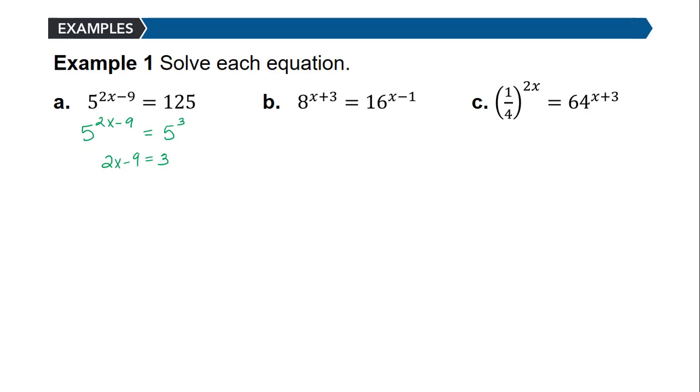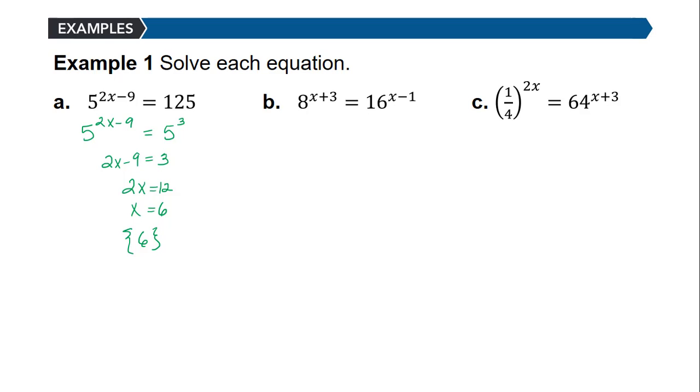If their exponents are the same. Then we can add 9 to each side to get 2x equals 12 and divide by 2 to get x is equal to 6. We can plug in if you want. We plug in 6 for the exponent. 2 times 6 is 12, minus 9 is 3, so we get 5 cubed, which does equal 125. So our solution set consists of the number 6.